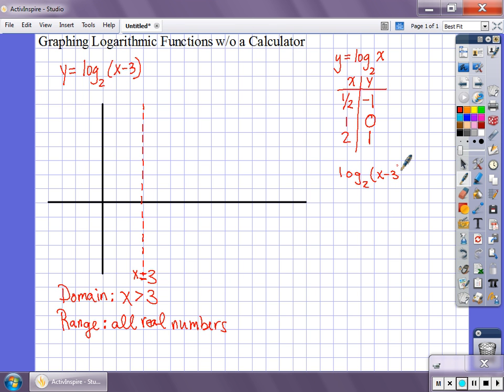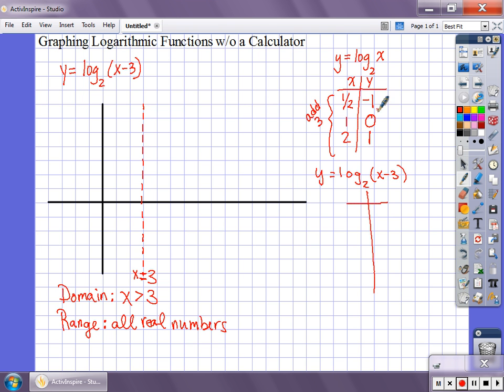Now remember that these are all your points of log base 2. It's just they've been shifted to the right 3 units. Okay? Now if you're shifting to the right 3 units, that's going to affect all of your x values. Shifting to the left and right affects all your x values. So since we're shifting to the right, we need to add, in this case, 3.